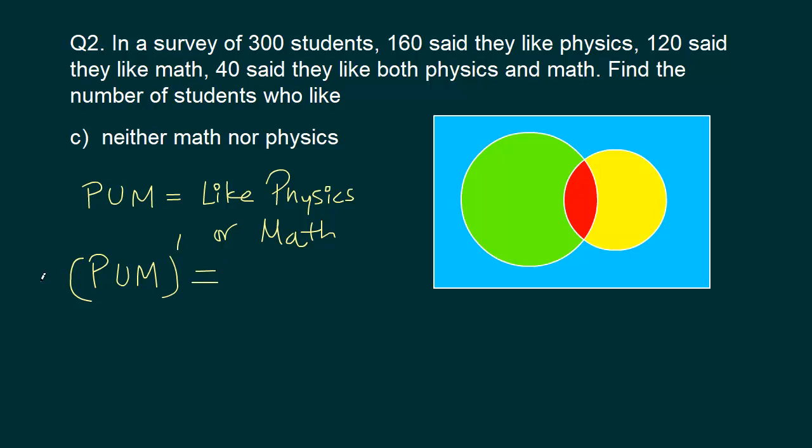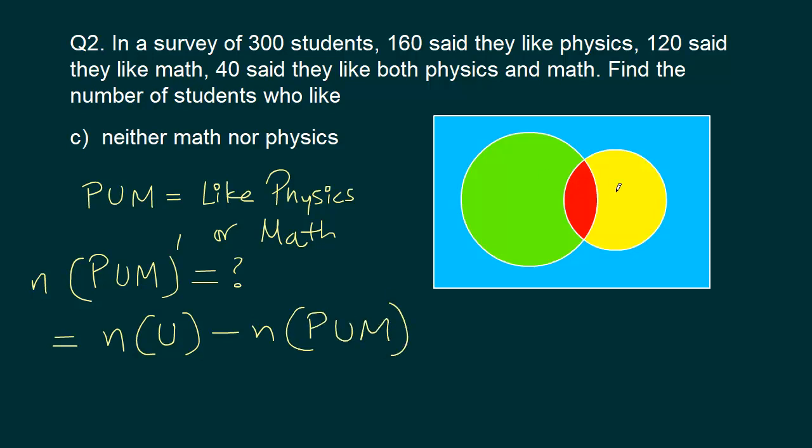So we are trying to find out this. This is what we need to find out. And we have studied when we learned complement of sets that this is simply the universal set minus this. And looking at the Venn diagram, it is also very clear, right?